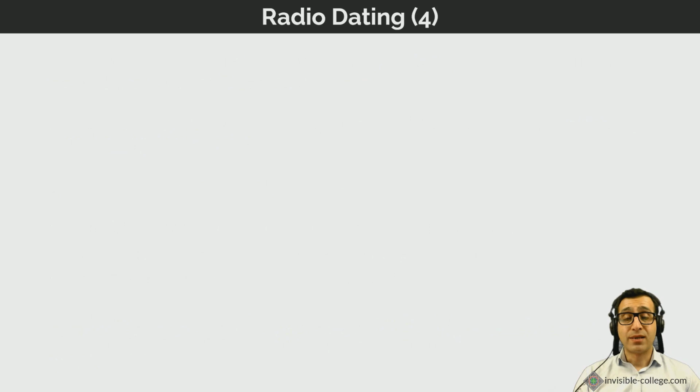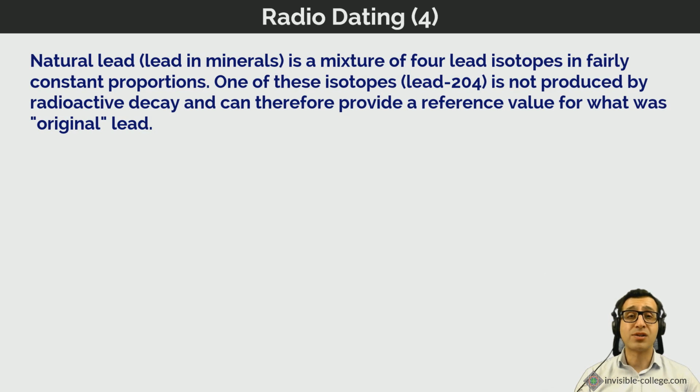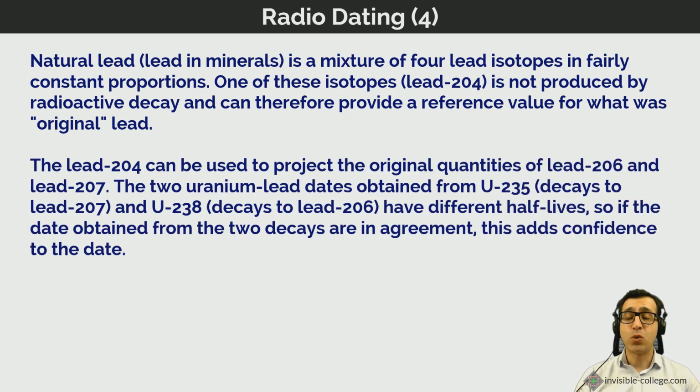So natural lead, the lead found in various minerals that we find in the Earth's crust, is a mixture of 4 different lead isotopes in fairly constant proportions. Now one of these, lead-204, is not produced by radioactive decay, and this can provide a reference value for what was the original lead. So lead-204 can be used to project the original quantities of lead-206 and lead-207.